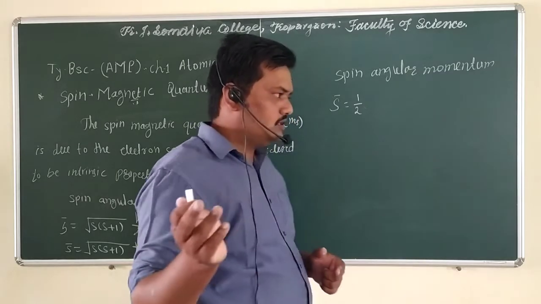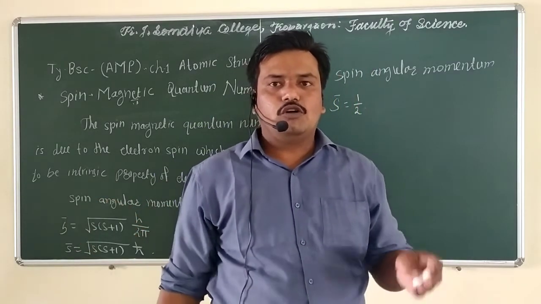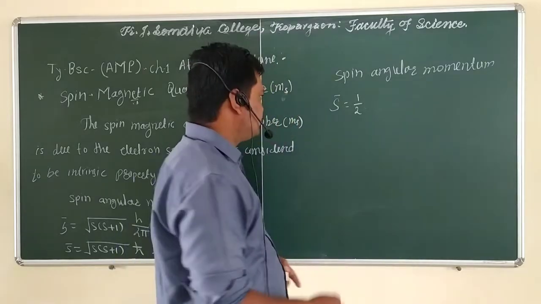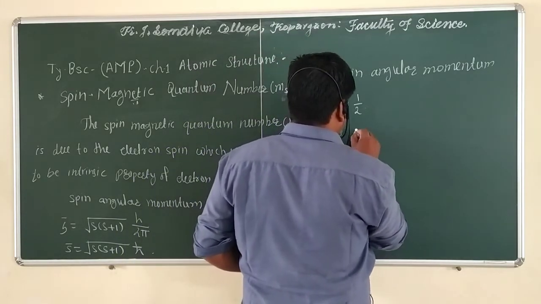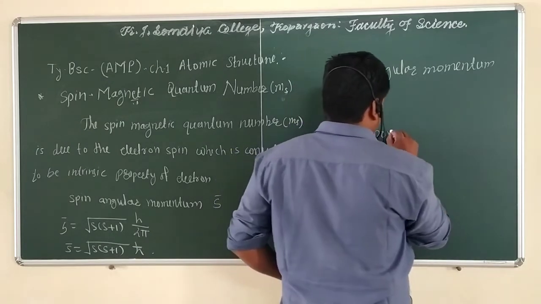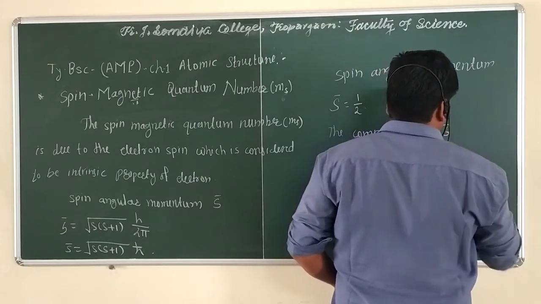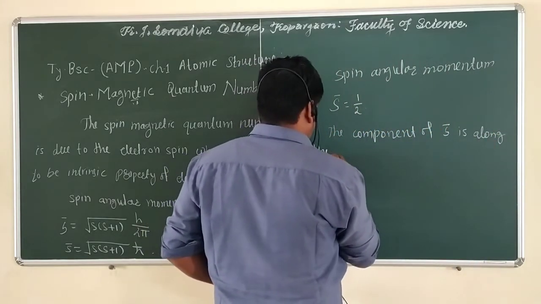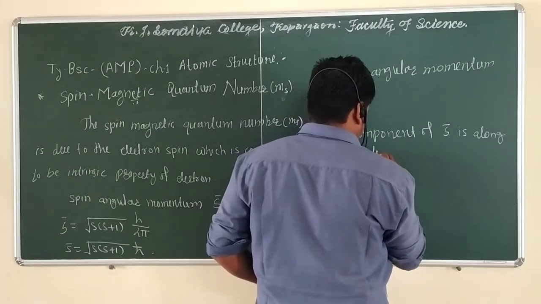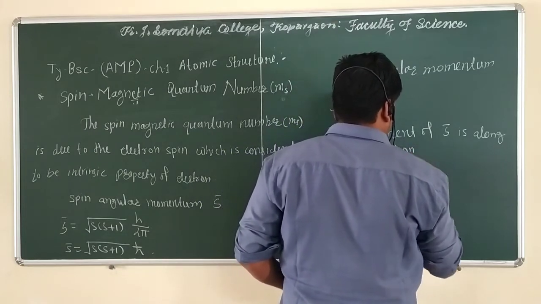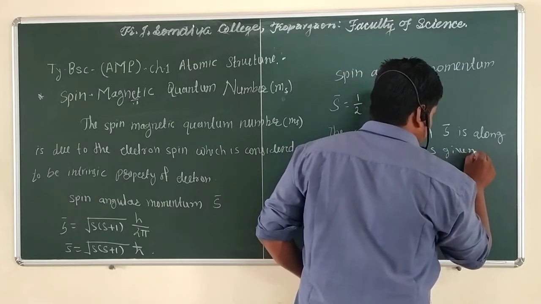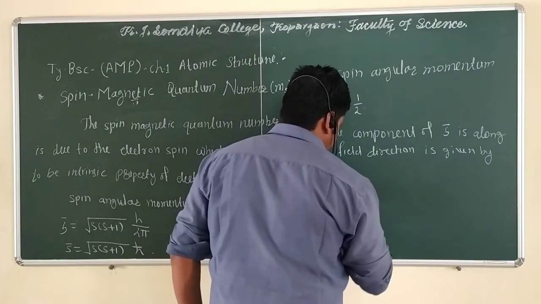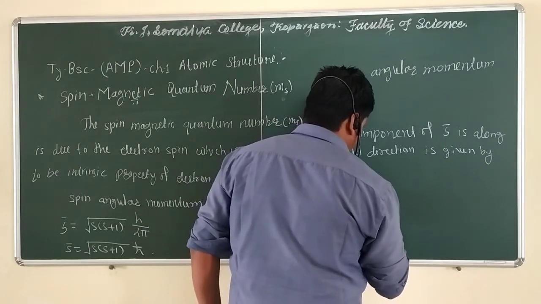So like in the orbital magnetic quantum number, the component of orbital angular momentum along the direction is Lz, similarly here the component of S bar along the field direction is given by Sz is equal to ms into h upon 2 pi.